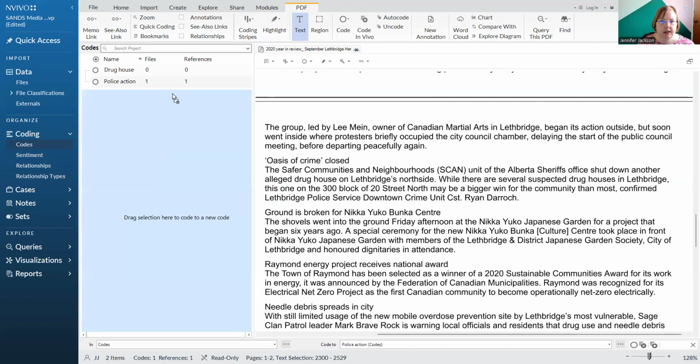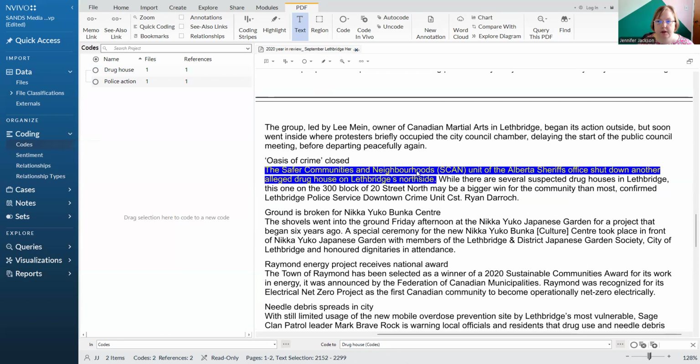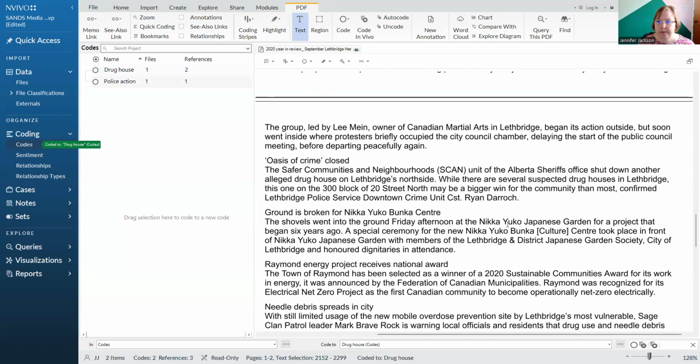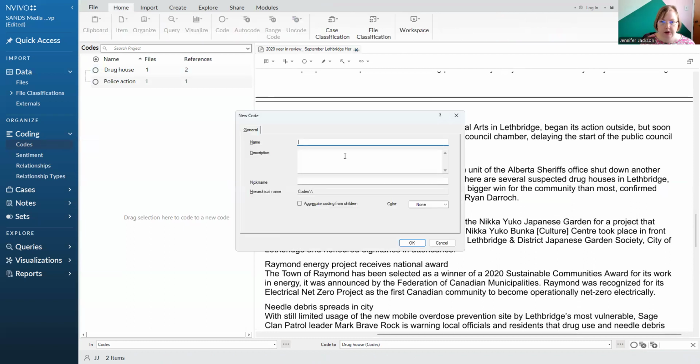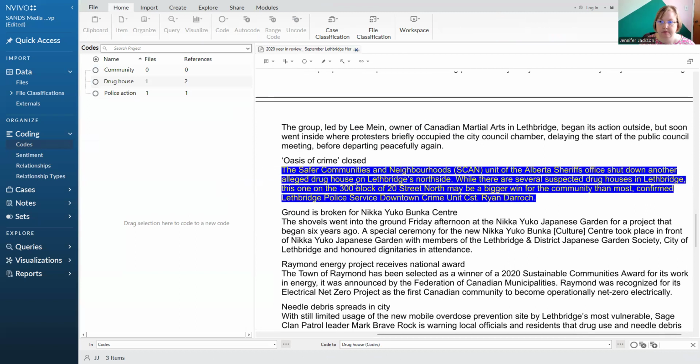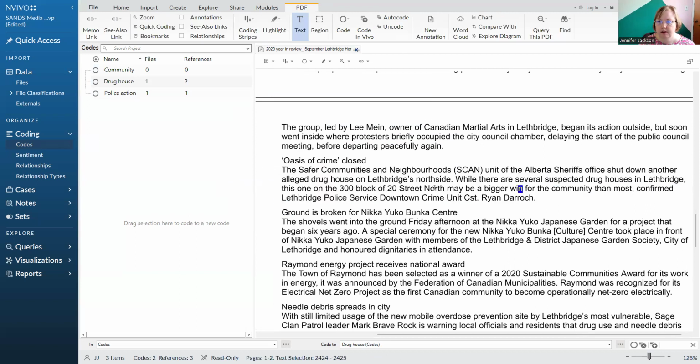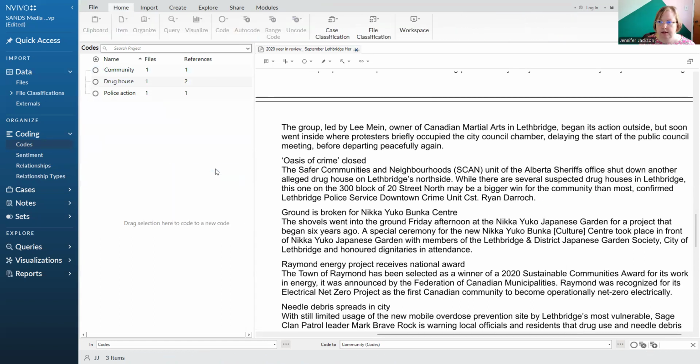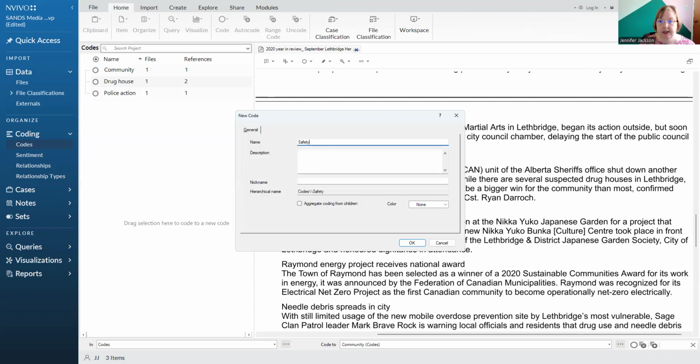So we'll put this in drug house, and then we'll put this piece in drug house as well. I'm also going to create a new code for community. So maybe a bigger win for the community than most. Let's put that in community. We can also say safety.